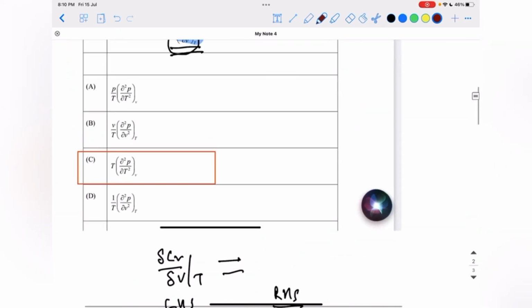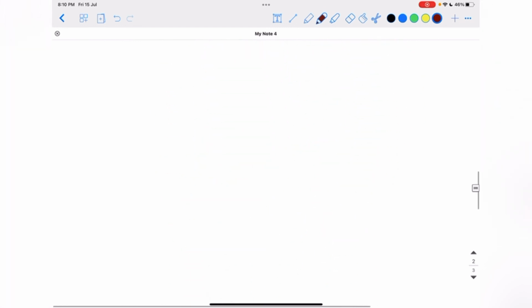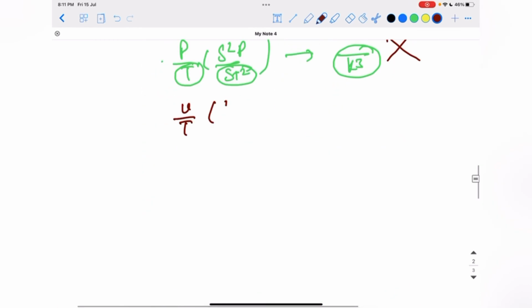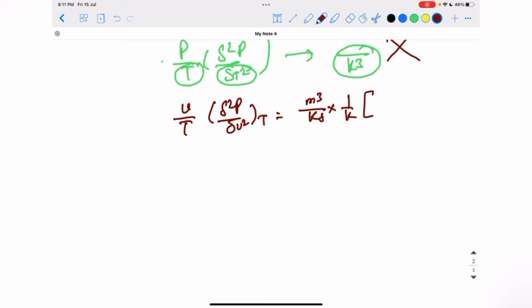Secondly, if I take the second equation, which is V by T, del 2p over del V2 at constant temperature. Now the unit of V is meter cube per kg, Kelvin is 1 by Kelvin, pressure has unit of Newton per meter square, and this is delta V2, so it has unit of meter cube per kg square.